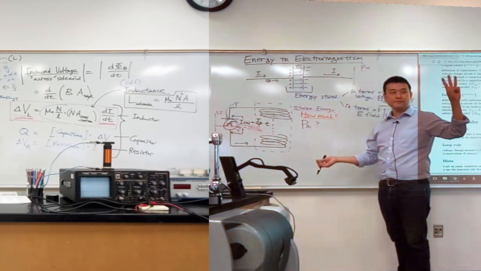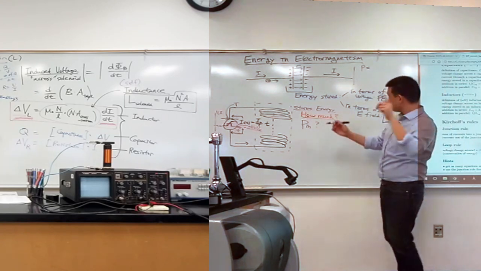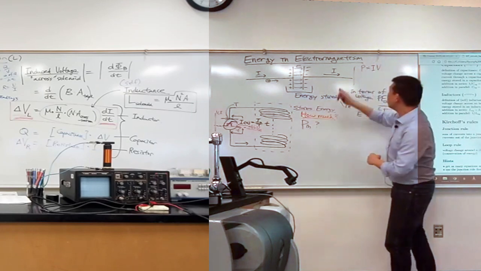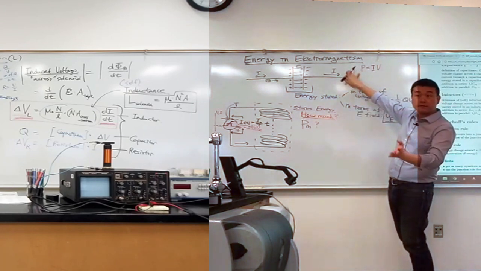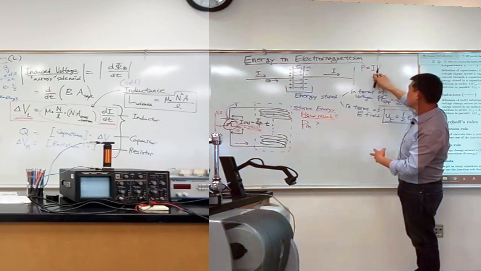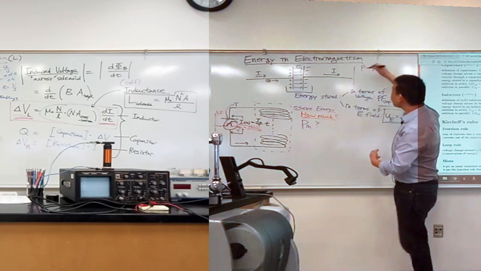People don't remember this? Yeah, so that's the very basic relationship that both Sandia and Katie were saying. Power in electric circuits is given by current times voltage. And you can write out the current to see that this is the rate of change of energy. And actually, we can just stop here.